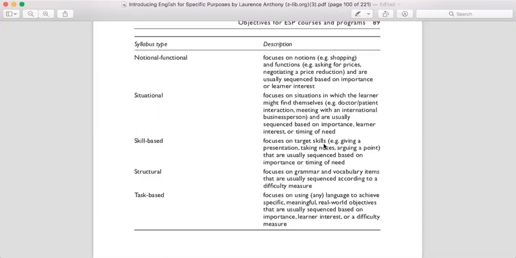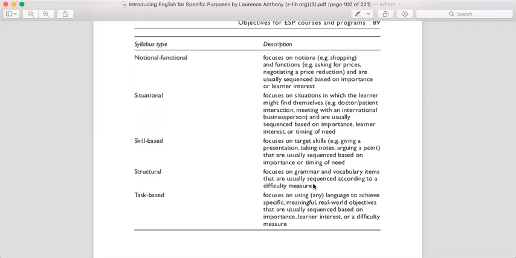Okay, then as I've told you that this development of syllabus went along with the development of methods. So as we have task-based methods also, so there's a task-based syllabus where students are taught real-world tasks, not just the imaginary tasks that they would never perform outside their classrooms.